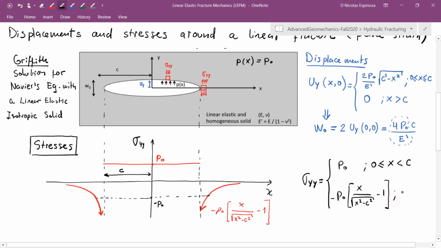And this is a solution which is going to be valid for x equal to or larger than c.